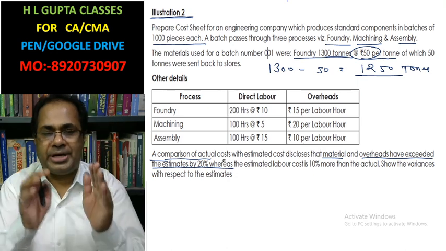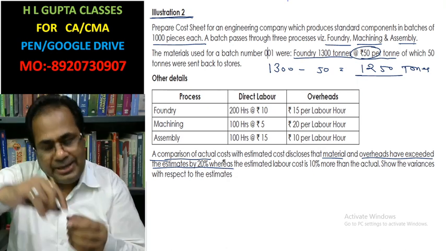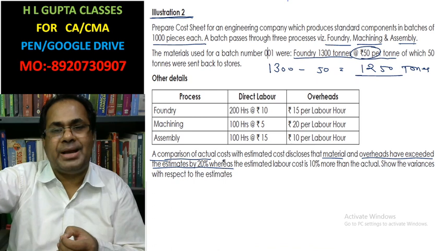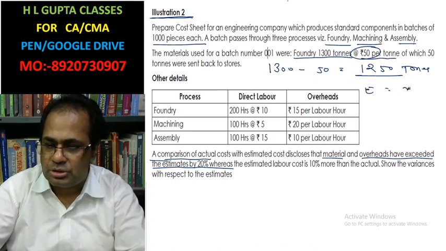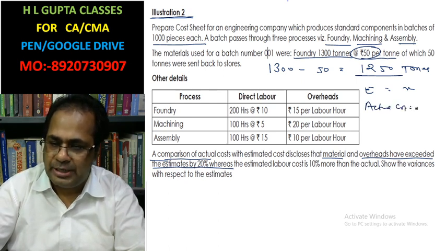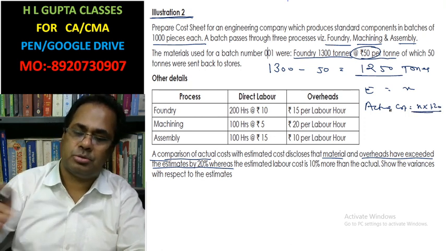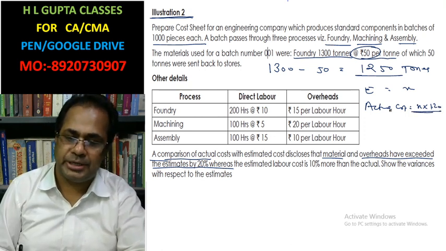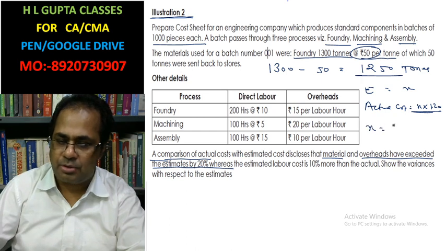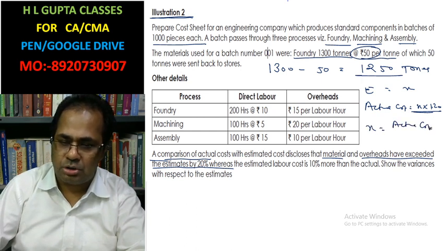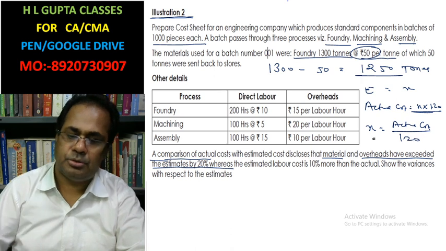It means material cost and overhead cost have increased by 20%. Suppose the estimated cost is x, then the actual cost is x into 1.20, because of the 20% increase. So if the actual cost is given, the estimated cost is calculated as actual cost divided by 1.20.